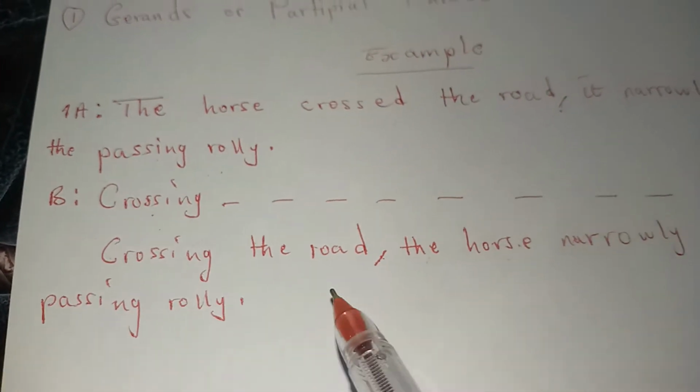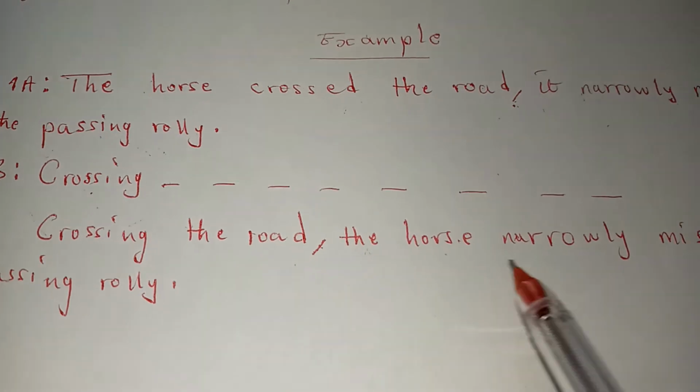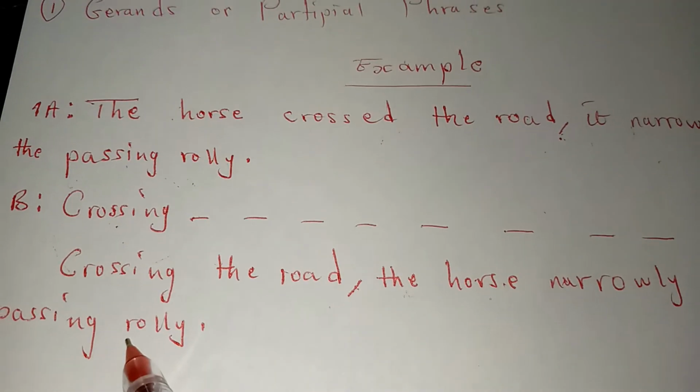Full stop there. So we are saying: crossing the road, comma, the horse narrowly missed the passing lorry.